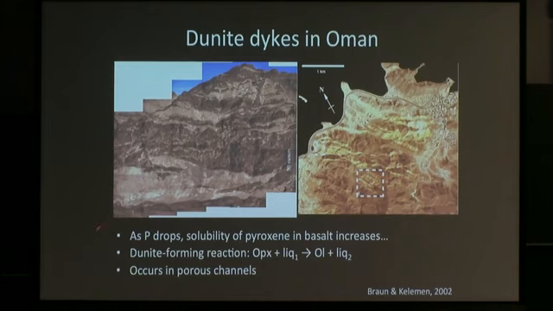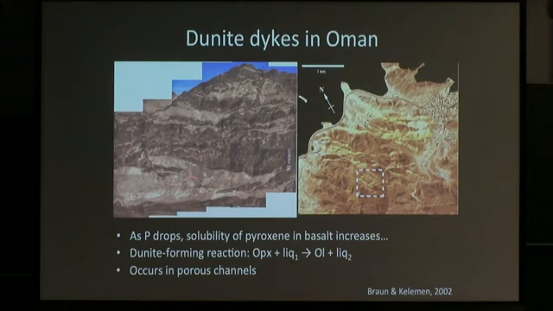Now, the idea behind this is that as the pressure drops, the solubility of pyroxene in melts increases, and this could lead to a reaction that might look something like that. So you dissolve, the brown here is the harzburgite, olivine and orthopyroxene. The orange colour is dunite, so olivine only.